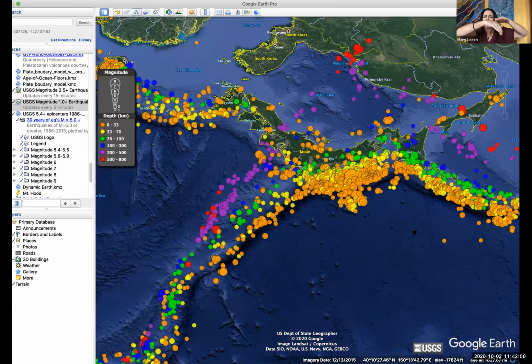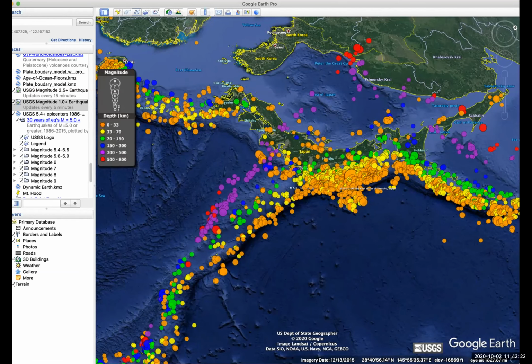But if it's shallow, then look what happens to where the earthquakes go. It might be spread out further beneath the continent. So I would guess that the plate is dipping pretty shallowly here beneath North America. So you have to go further inland to reach those deep earthquakes. Okay, that makes sense.